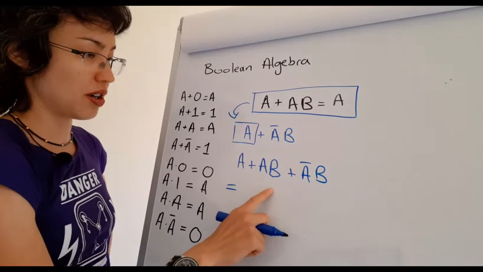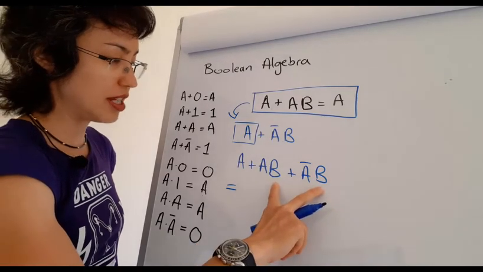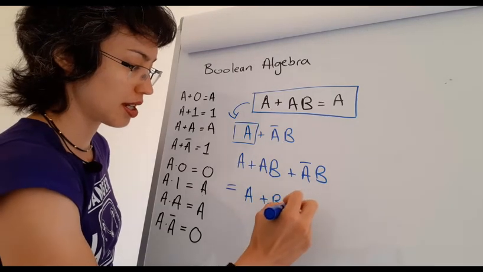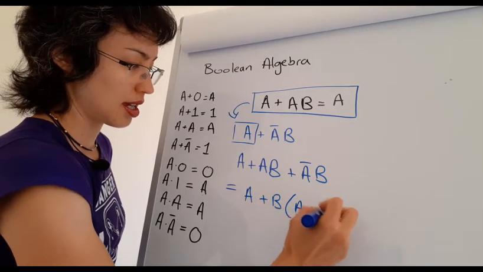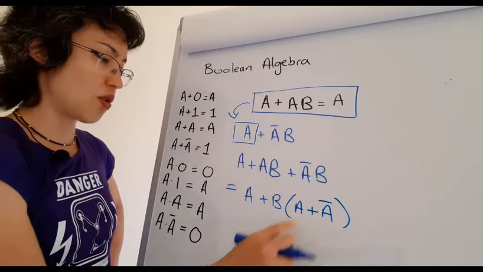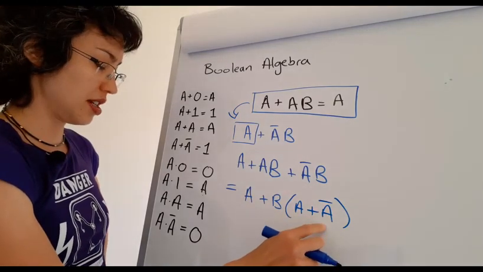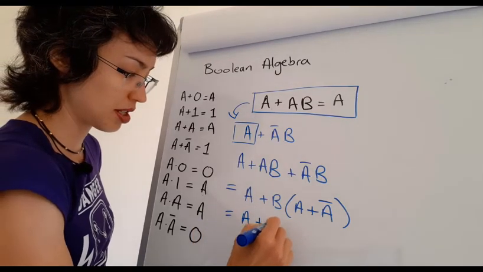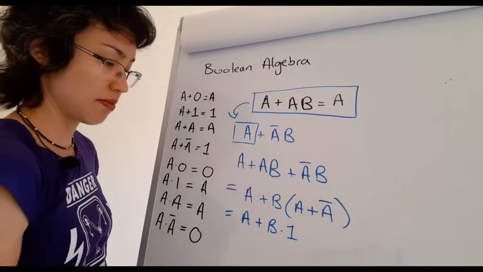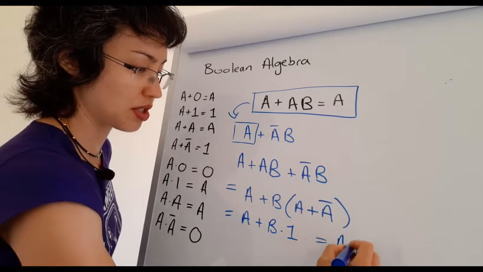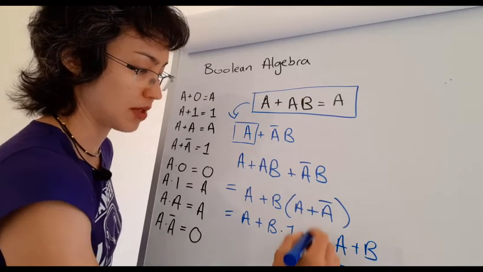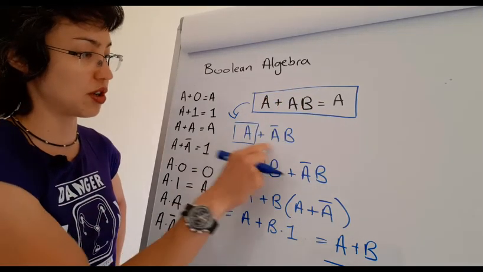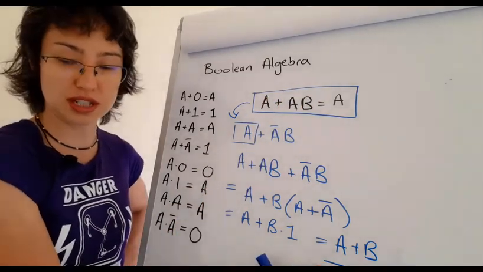Now what have I got? Well, now I've got a common B term here. So I can write A plus not A, B. So A or not A is always going to give you 1. So I end up with A plus B, 1. So this is equal to A plus B. So you can see that this rule is really helpful, and we've shown that this expression is equal to this expression here.